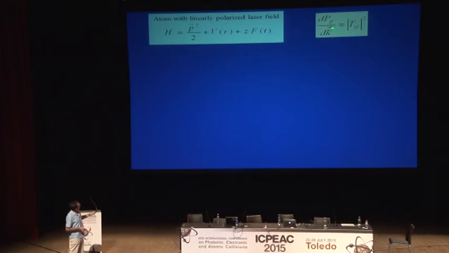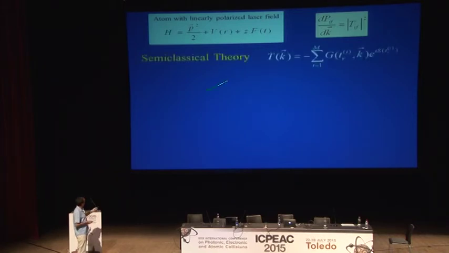The momentum distribution can be calculated through the transition matrix, and there are different methods to calculate this matrix. I will just mention the semiclassical method, where the transition amplitude from one initial state to a final state in the continuum can be regarded as a coherent superposition of several electron trajectories.